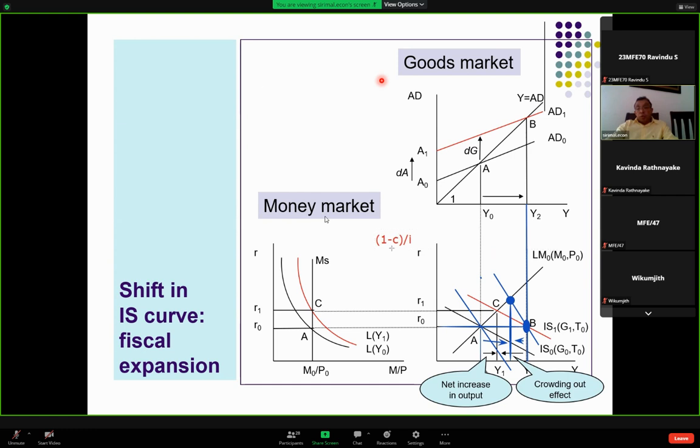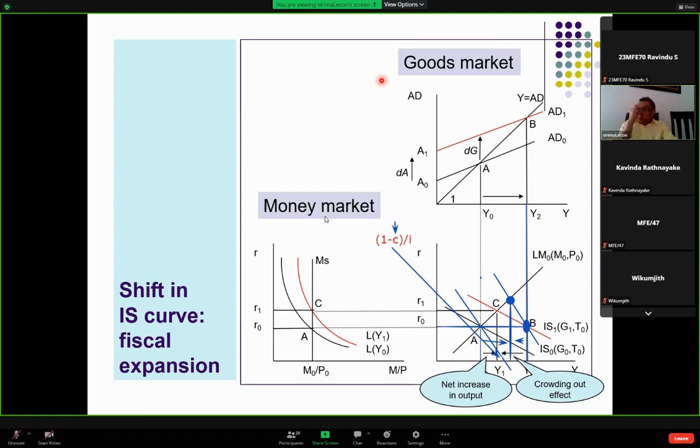This is the slope of the IS line. Small c means MPC. So the MPC value is an important determinant of the slope.